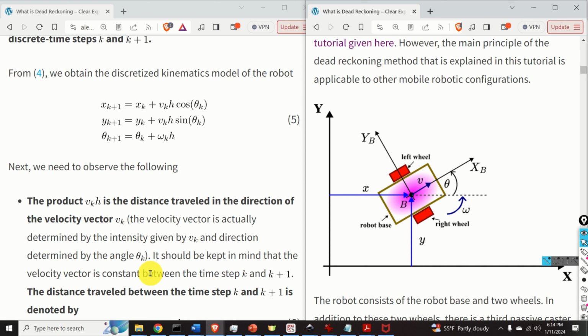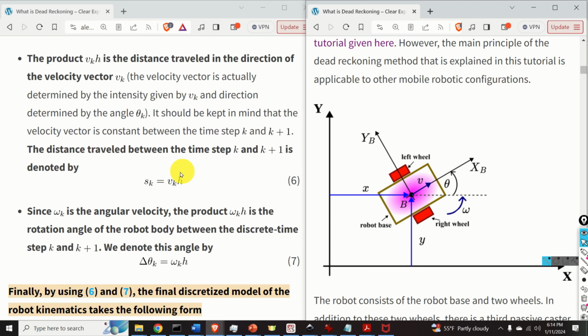It should be kept in mind that the velocity vector is constant. Again, this is very important. The velocity vector is constant between the time step k and the time step k plus 1. The distance traveled between the time step k and k plus 1 is denoted by sk. That is, sk is equal to Vk times h.